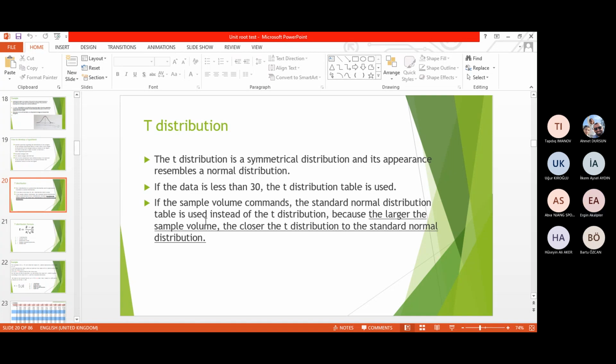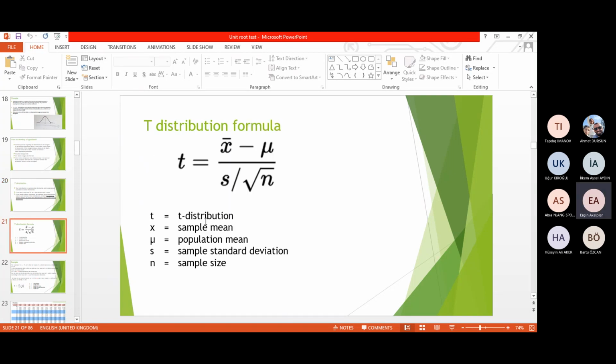The t distribution formula is given here. Again, t is equal to x-bar minus mu, divided by the sample standard deviation over the square root of n, the sample size.